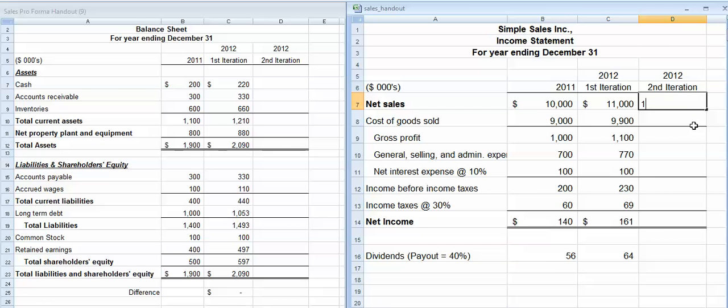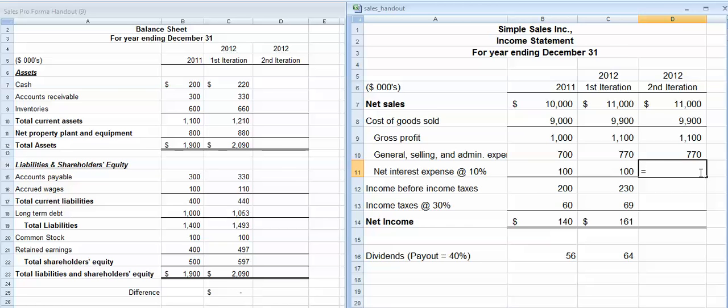Again, sales, $11,000. Cost of goods sold, $9,900. Gross profit, $1,100. Our selling and admin was up by 10%, again, $770. Our interest expense now is 10% times whatever number we have on our balance sheet for debt.